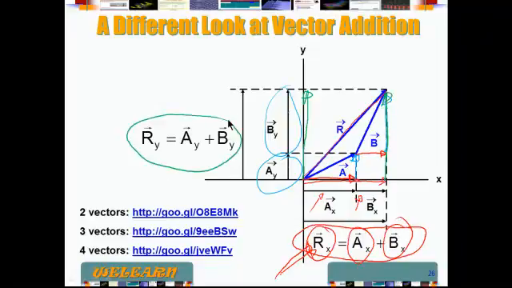So the y component of the vector sum is equal to the sum of the y components of each of the vectors. Now in this particular case, all of our vectors are in the first quadrant, with both of their components pointing in either the positive x direction for the x components or the positive y direction for the y components.